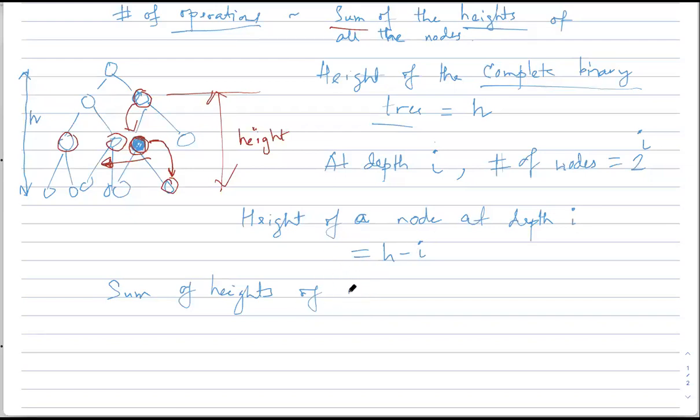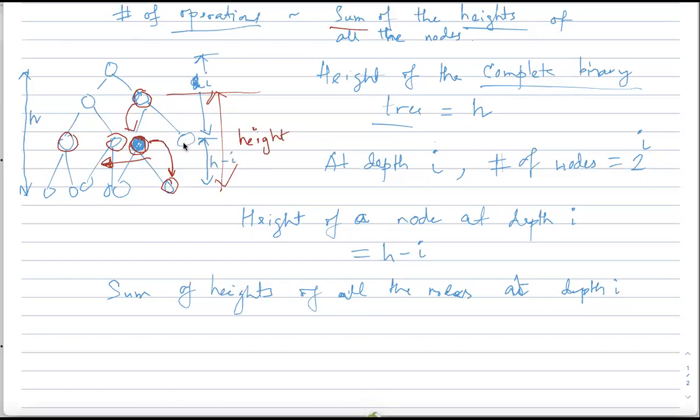Okay, so the sum of the heights of all the nodes at depth i. So what is going to be the sum of the heights of all the nodes at depth i? If you take a node at depth i, this is the depth, sorry, and this is h minus i, right?